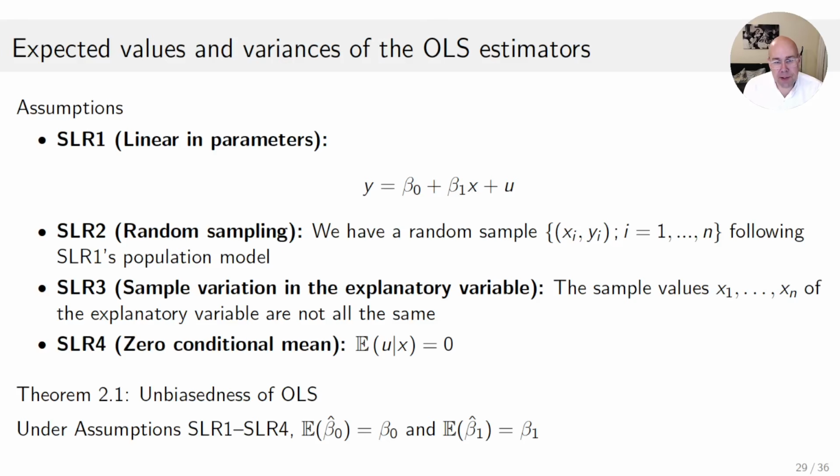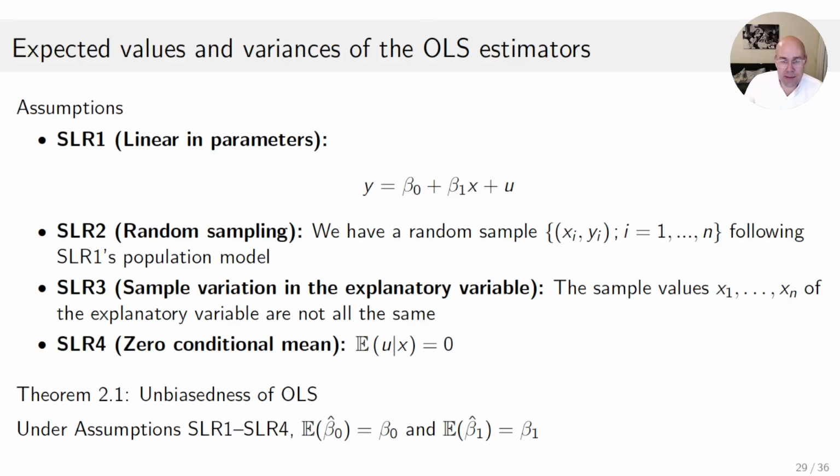Given these four assumptions, we can get to the statement in theorem 2.1, which is unbiasedness of OLS. The statement is that in expectation across random samples, the estimator beta naught hat is equal to beta naught, and the estimator beta 1 hat is equal to beta 1.